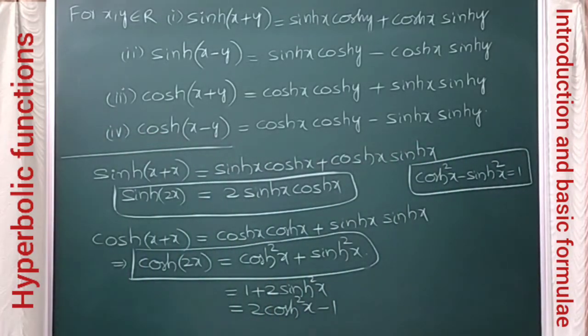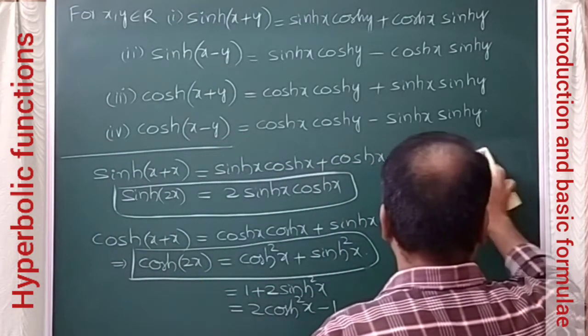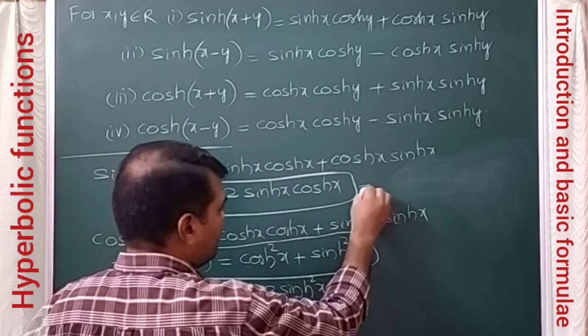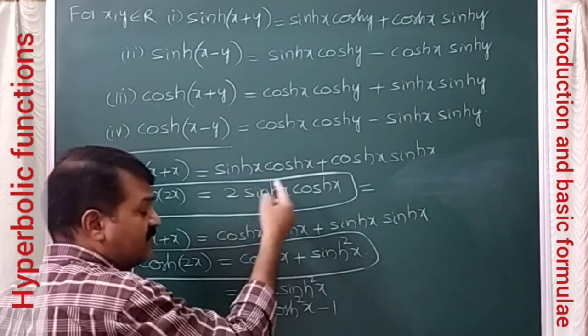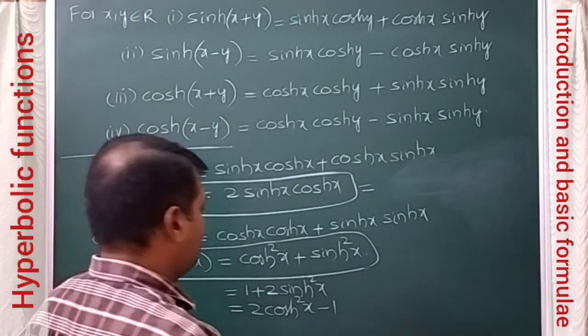Now, if you want these formulas in terms of tanh x, that also I will try to show you. If you want the formulas in terms of tanh x, just observe here. For this formula, just try to divide and multiply by cosh x.